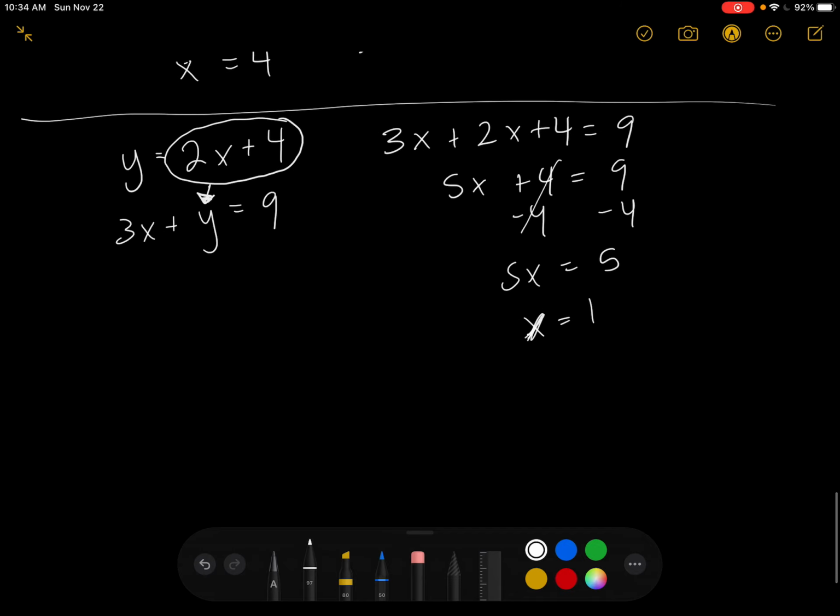Okay, so I figured out that x is 1. Now I just need to figure out what y is, so I'm going to plug it into the first equation, plugging the 1 into x, and solving for y.